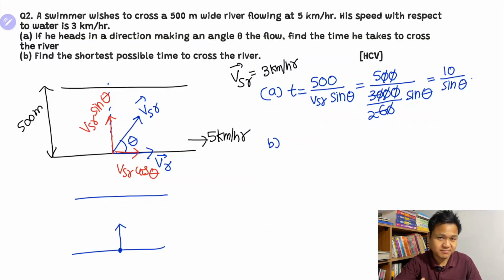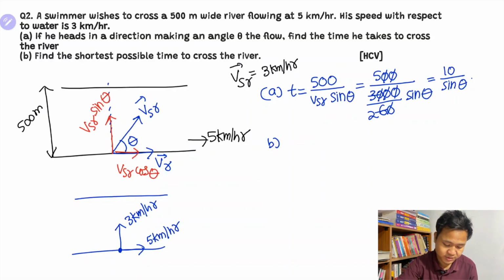Here the theta value is also not given, but anyway, I'll just show you how this solution is done. So for the shortest possible time, the boat should go along the vertical. So this should be 3 kilometer per hour, and the river is going along this side with 5 kilometer per hour. And here is the vertical component of velocity.